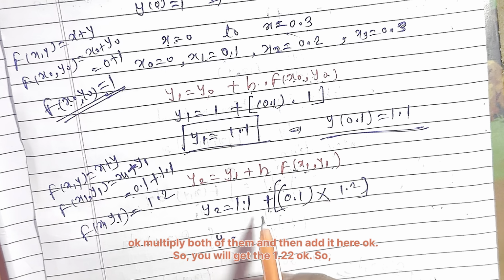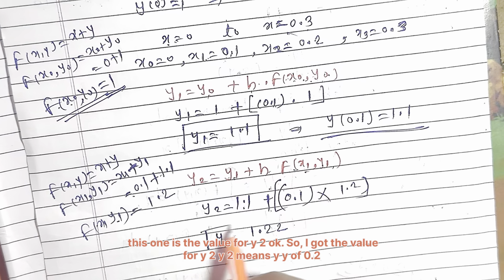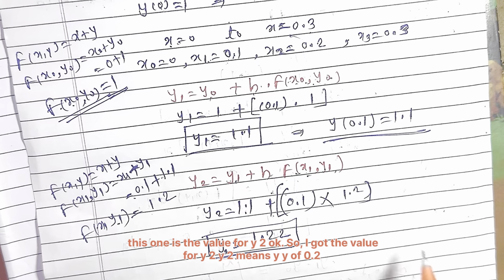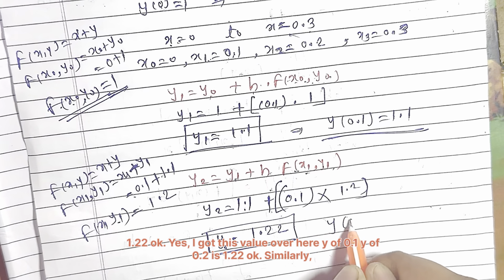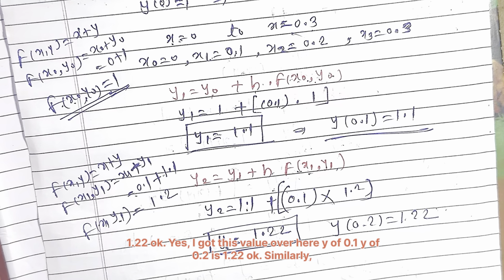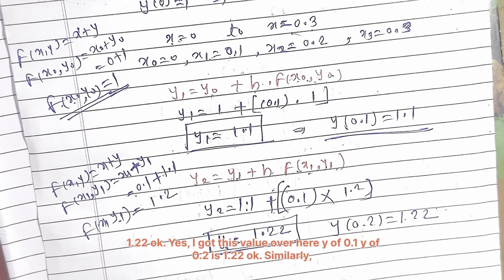You will get 1.22. This is the value for y2, that is, y of 0.2 is 1.22.